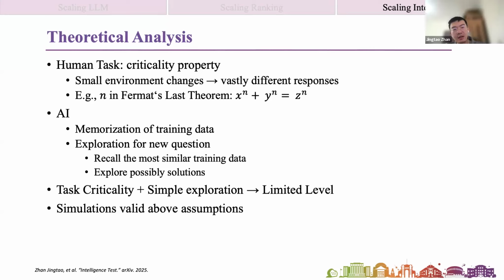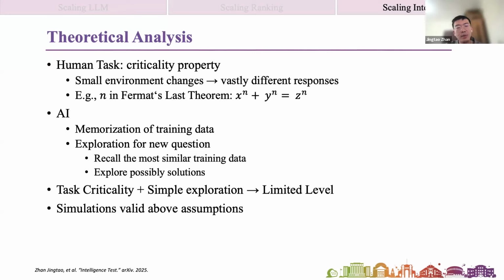For example, if we take Fermat's last theorem as an example, the solution to this theorem is very sensitive to the hyperparameter n. If n is very small, for example 3, people proved this theorem long ago. But if n is larger, the question becomes much more complex, and the solution was given about several centuries after the theorem was proposed.